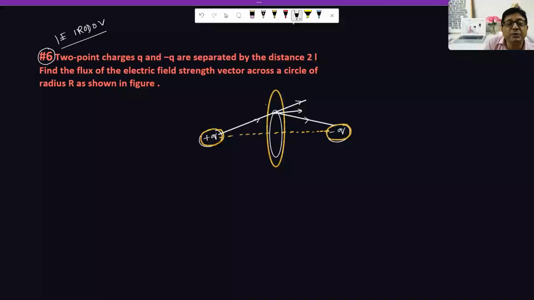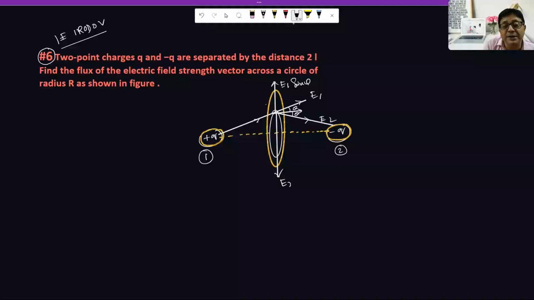If this one is E1 due to the charge 1, then E1 will be this way, E2 will be this manner. To find the field, we observe that a component of it, if this angle is theta, by symmetry this is also theta, then a component E1 sin theta due to E1 will be directed this manner, and due to E2 will be directed this manner.